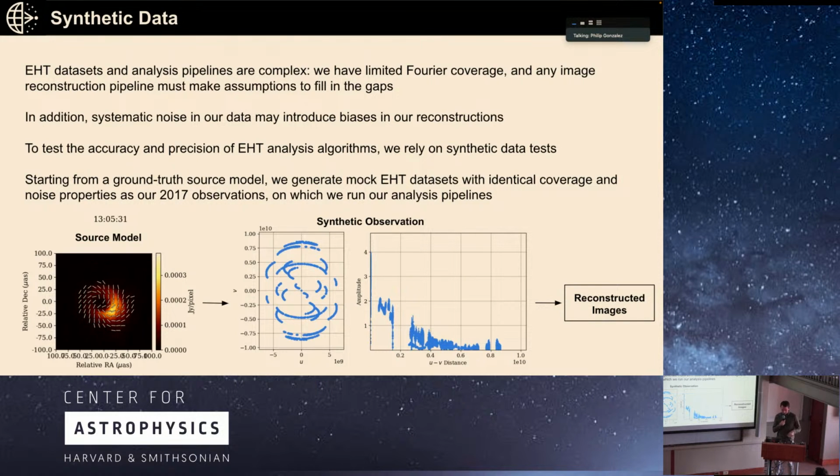And what we do here is we start from a ground truth source model, like here. This is a GR-MHD movie of Sagittarius A*. We simulate observations of that movie with the exact same UV coverage and noise properties as we have in our data. And then we apply our analysis algorithms to this mock data set and see what the reconstructed images look like and evaluate them with different metrics.